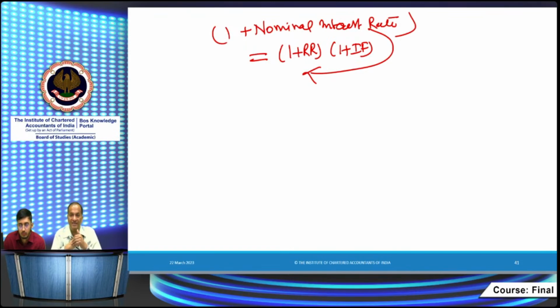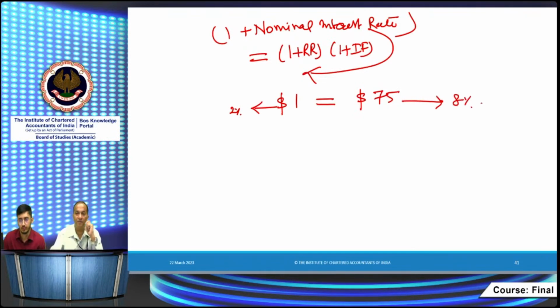So how does this work? According to the theory, suppose I invest $1 in the US, and correspondingly today's rate is 75. Now suppose the rate of interest here is 2%, and here the rate of interest is 8%.